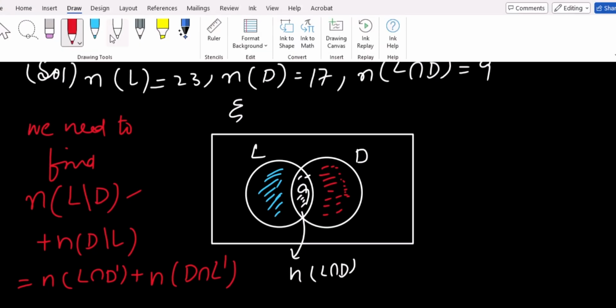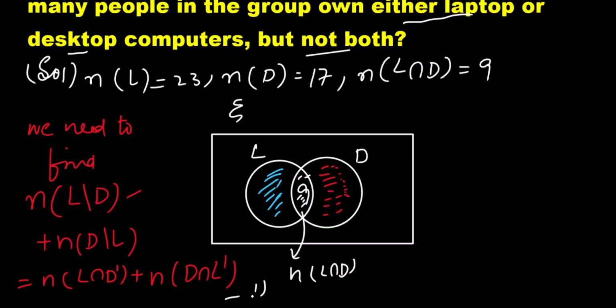Say this is my first equation, and in this equation I have to find these two quantities, L intersection D complement and D intersection L complement. From the figure, if you see, L intersection D complement can be found as, if I subtract the intersecting area from the whole L, I can find L intersection D complement.